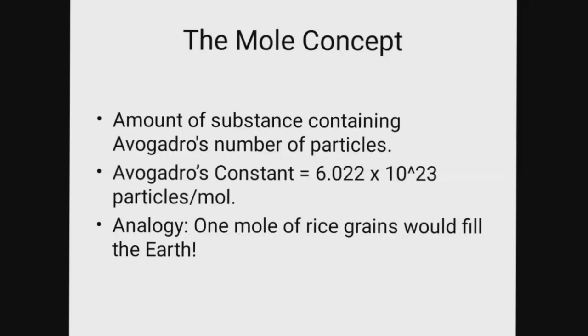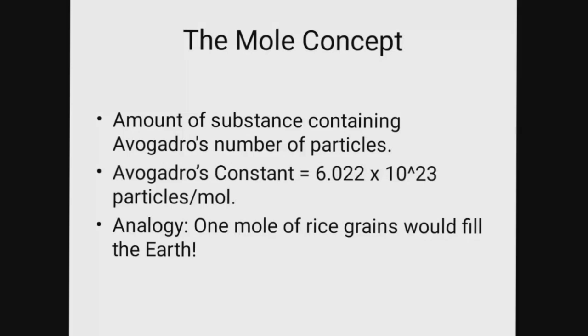A mole is the amount of substance containing Avogadro's number of particles. Now, how do you come about this mole? When you buy a carton of eggs, it contains 12 eggs inside. Chemists also count things, and atoms are the major thing that we count.